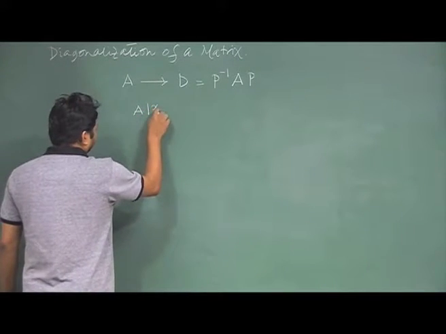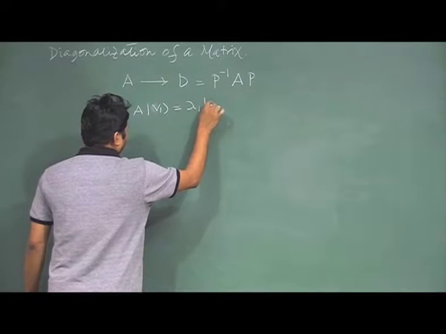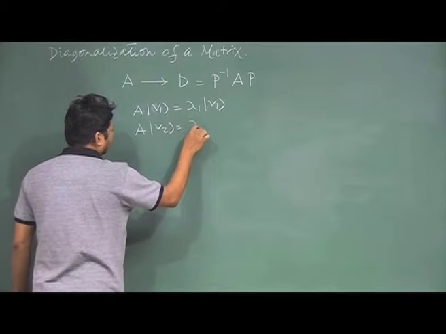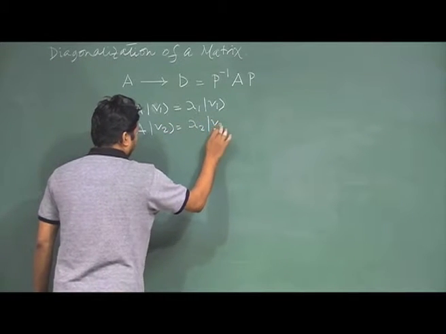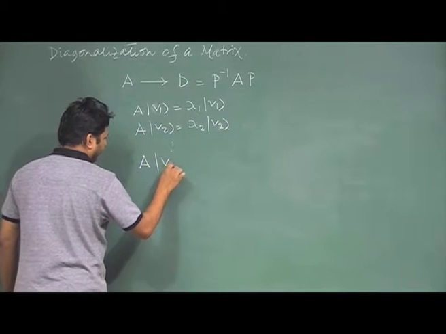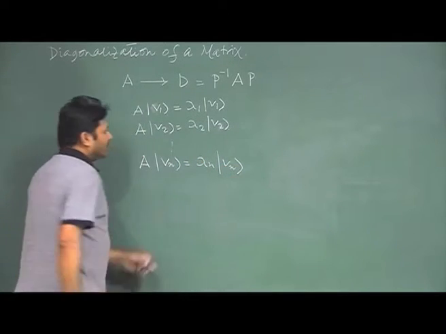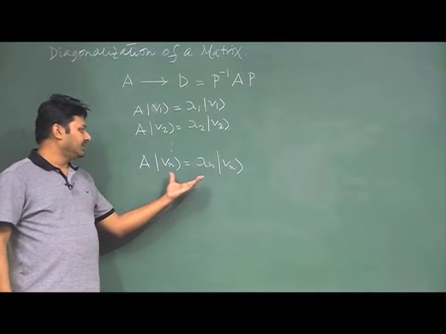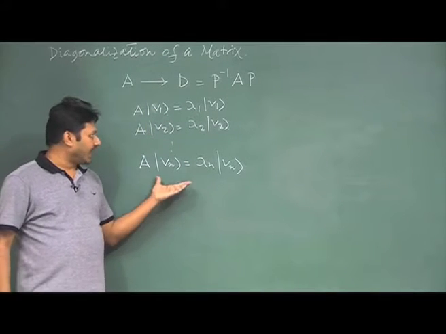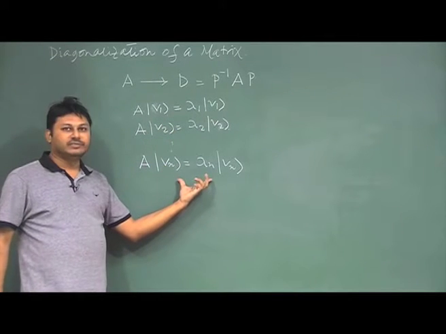Let me say V1, V2, V3, up to Vn are the corresponding eigenvectors of A. I know that. Now I try to find out what P is.